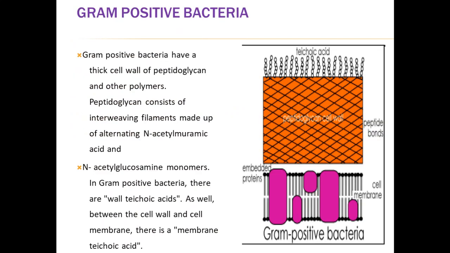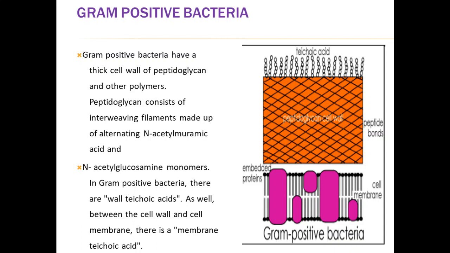To study the basic principle involved in Gram staining and how bacteria are differentiated into gram positive and gram negative, we have to know the composition of the bacterial cell wall. This differentiation is because of the composition of the cell wall. In gram positive bacteria, the cell wall is made up of a thick layer of peptidoglycan, consisting of NAM and NAG.